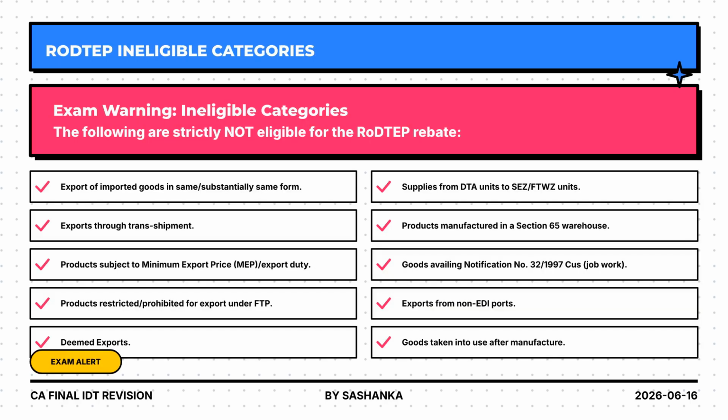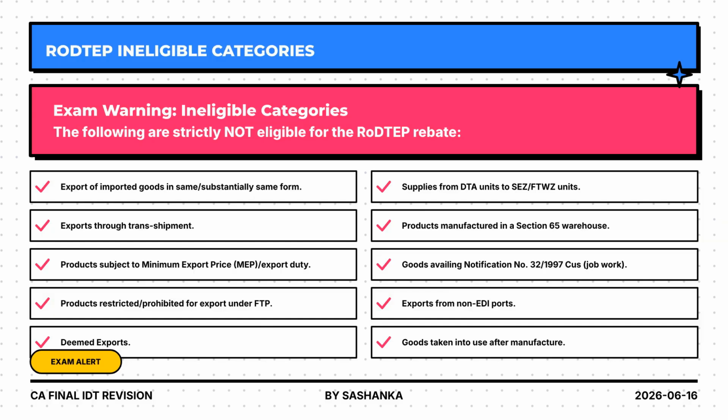This is perhaps the most exam-oriented slide in the entire RODTEP chapter. Benefits are not available for exports of imported goods in the same form, transshipment exports, products subject to export duty or minimum export price restrictions, prohibited or restricted exports, deemed exports, DTA supplies to CIS or FTWZ units, Section 65 warehouse products, exports under Notification 32 of 1997, exports through non-EDI ports, and goods already put to use after manufacture.